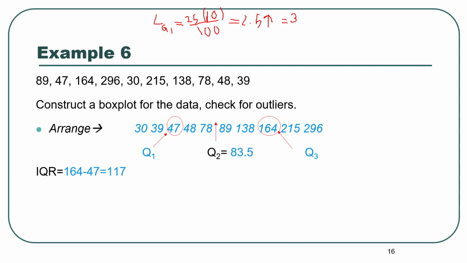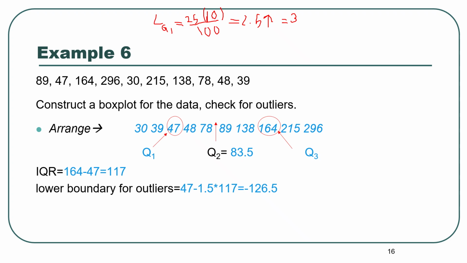So we will put the lower boundary within 1.5 interquartile range from Q1 and the upper boundary within 1.5 interquartile range from Q3. Lower boundary again, 47 minus 1.5 interquartile range, is minus 126.5.